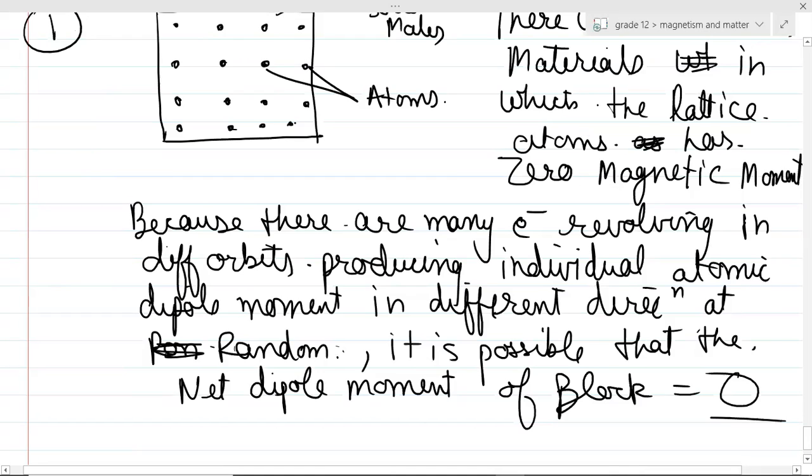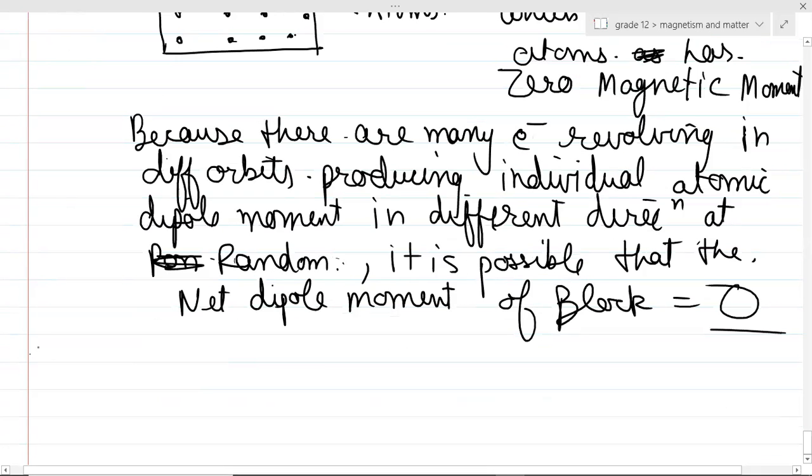Yes. So this is one of the theories which is possible: that individual atoms have zero moment, so overall it is also zero, right?